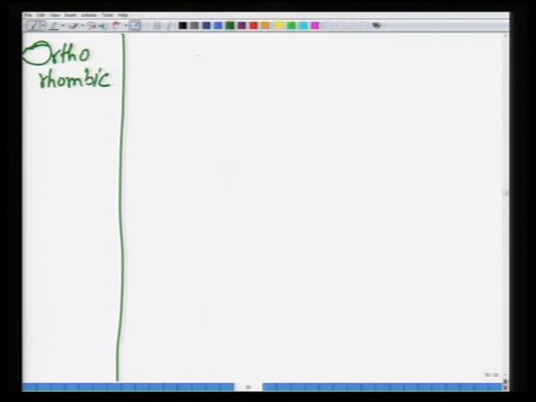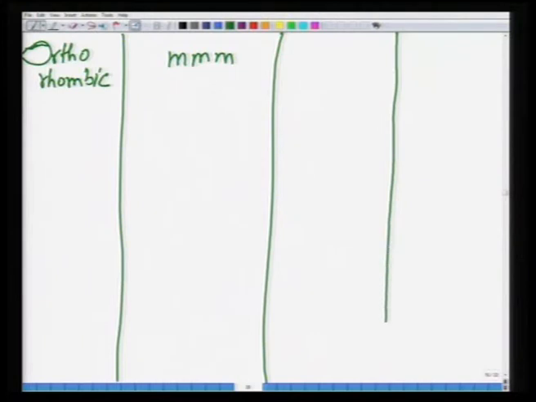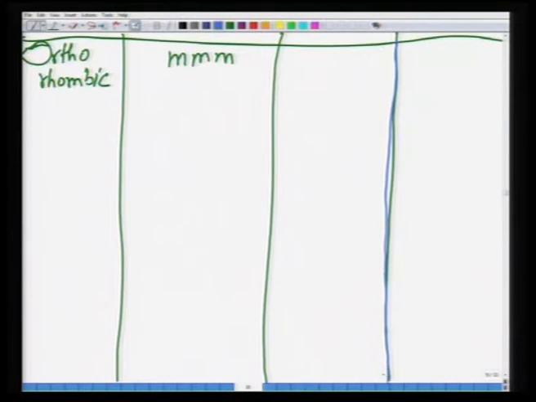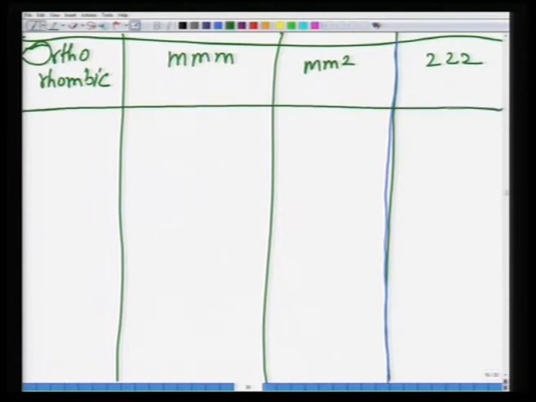So, in case of orthorhombic, your centrosymmetric point groups are mmm, and non-centrosymmetric point groups. If I just draw this line differently, so that this class you associate with non-centrosymmetric, this would be mm2 here only, and then 222.